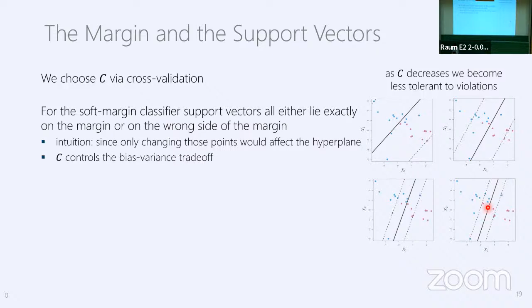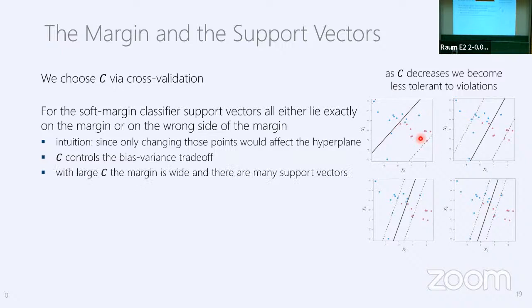So what we can also say is that this parameter C controls the bias-variance trade-off. If I have a large C, so this case, I have many support vectors, right? I just said that all of the data points on or inside the margin are the support vectors. The smaller the C is, the fewer support vectors we have; the larger the C is, the more support vectors we have.